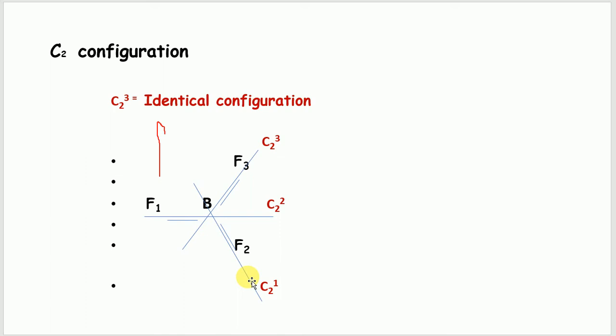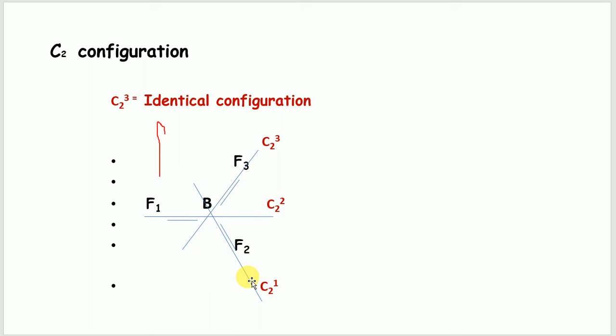These C2 axes are present in the plane of the BF3 molecule. The C3 axis was present perpendicular to the plane, while the C2 axes are present in the plane of the BF3 molecule.